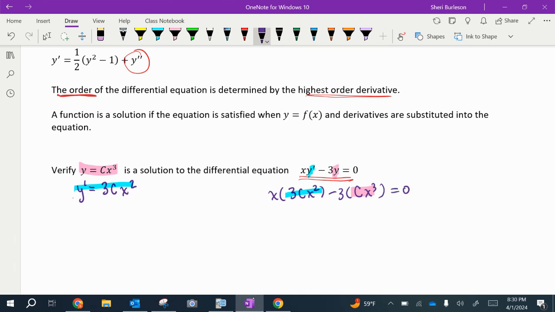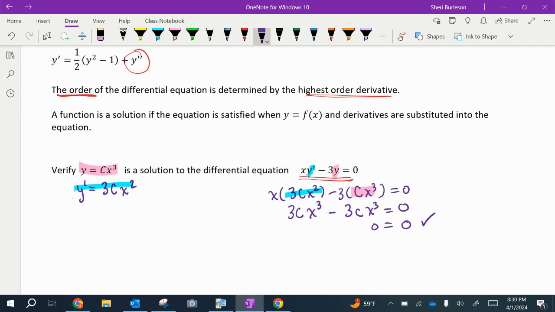And I want to show that that equals 0. So now I just simplify this. This gives me 3c x cubed minus 3c x cubed, and I see that yes, that does in fact equal 0. So that means y equals some constant times x cubed is a solution to that differential equation.